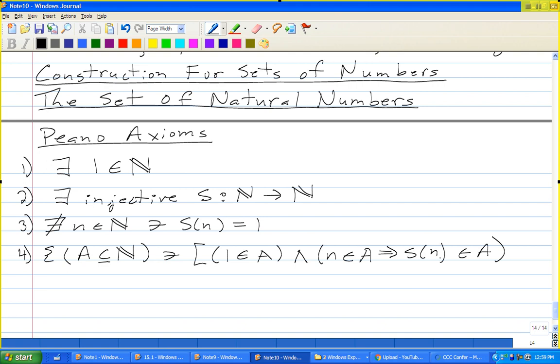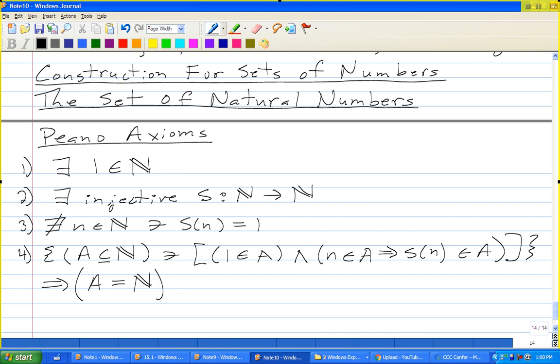Then this set A is just the set of natural numbers.